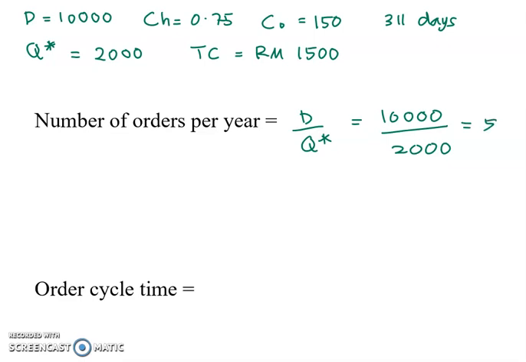In 1 year, you will make 5 orders. So there will be 5 orders per year, and every time you order, you will order 2,000 yards, because this 2,000 is our Q optimal, or our economic order quantity, or our order size.